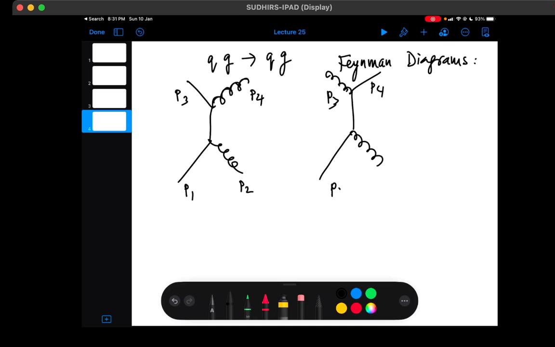You can draw the Feynman diagrams where this momentum, sorry, this should be S. So this momentum S would be P1 plus P2 whole square.